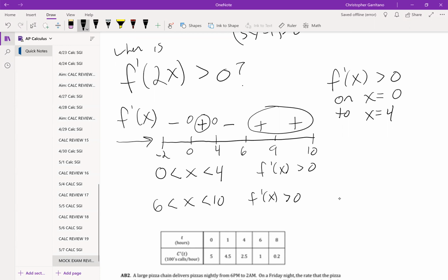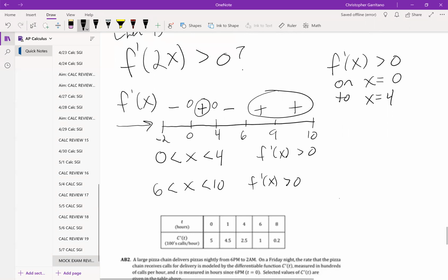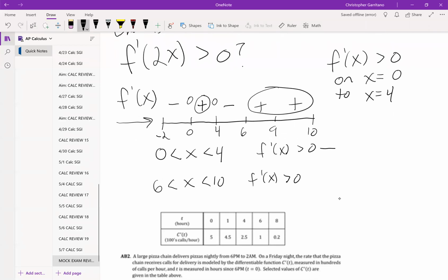This can equivalently be written in terms of 2x. It's sort of like a substitution.